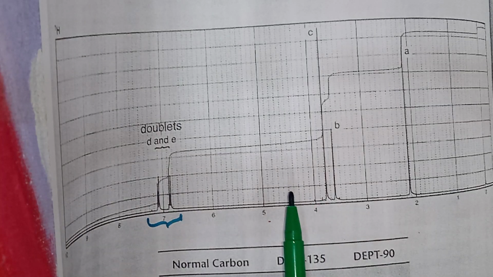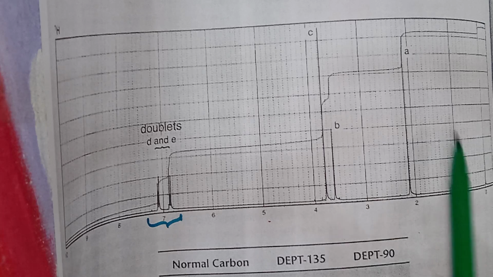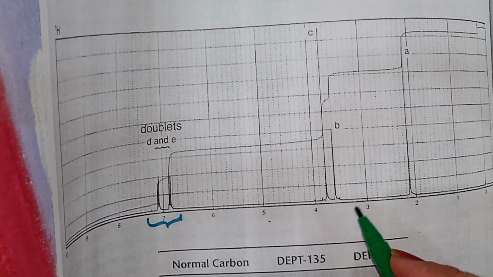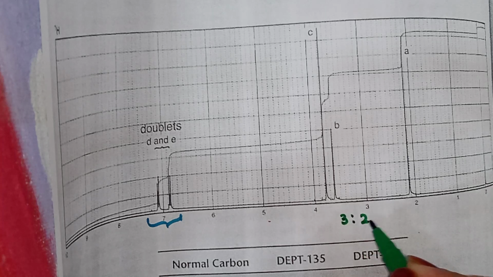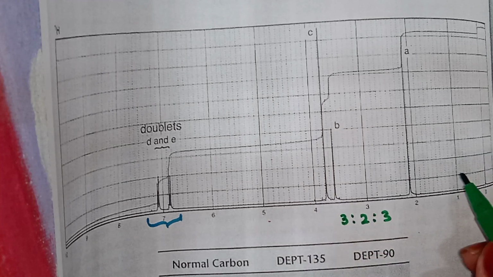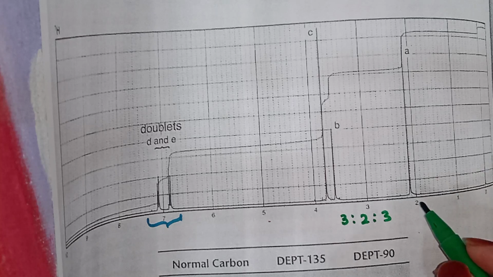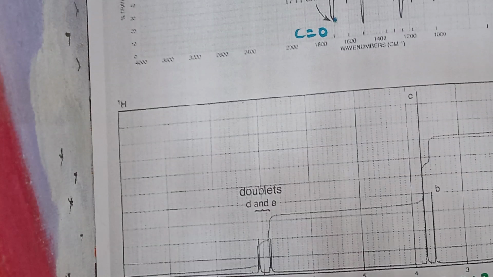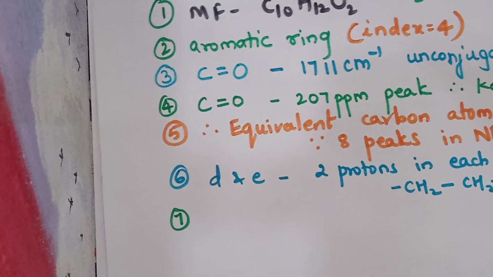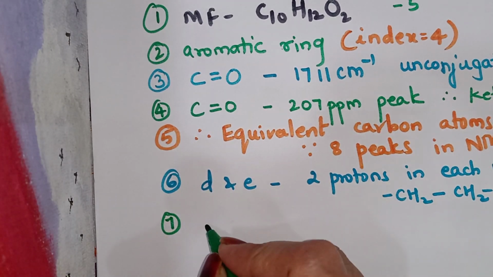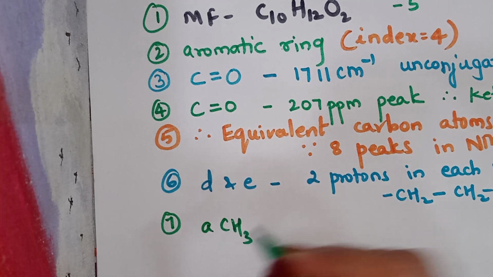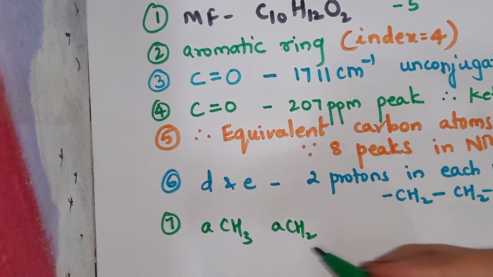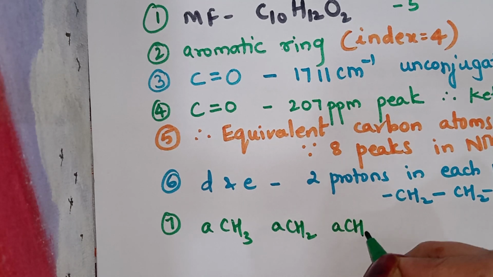You can also notice that the upfield portion of the spectrum has protons that integrate for 3:2:3. That is a CH3, a CH2 and again a CH3.